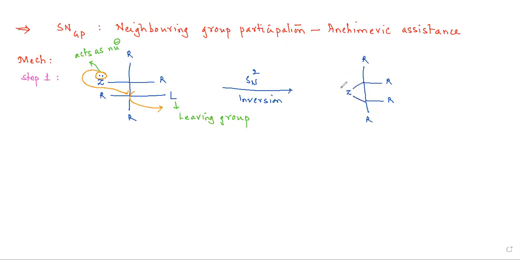Okay. Now this Z will carry a positive charge. Earlier it had 3 electrons, 1 plus 2, 3 electrons, but now it has only 2 electrons. So a positive charge. And the leaving group has gone out with the bonded pair.